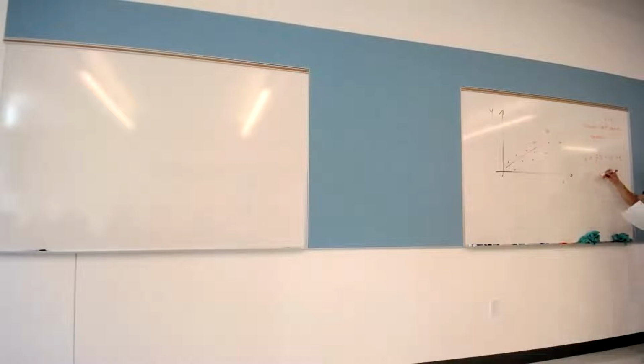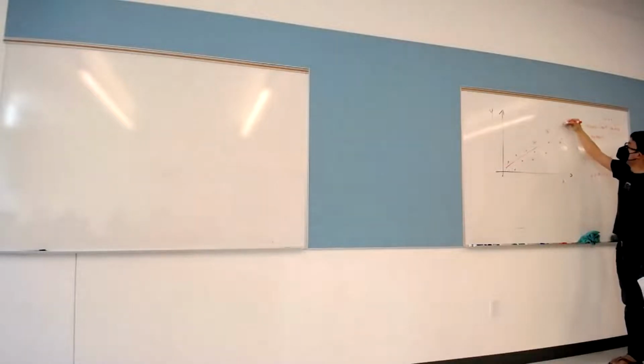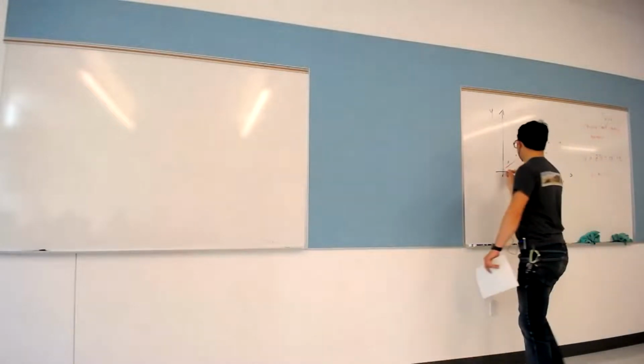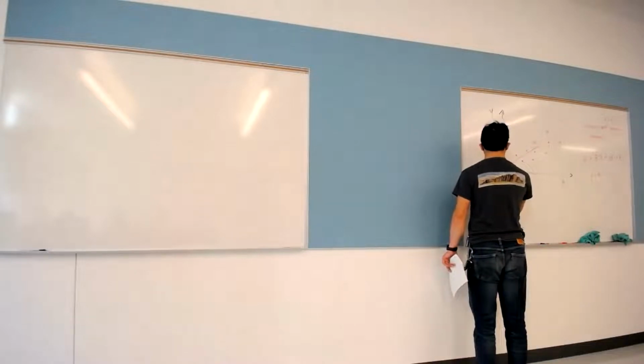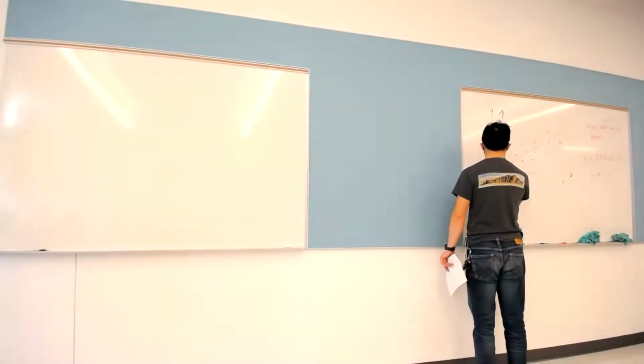If you remember from high school, you have mx plus b, something like that, right? So who can tell me what this beta represents? The slope. Yeah, that's right. And this alpha represents the intercept. Yep. So this is your beta, the slope, and this here would be your alpha, the intercept.